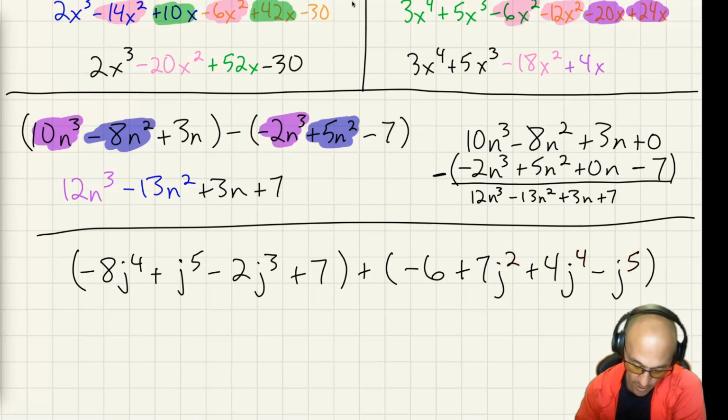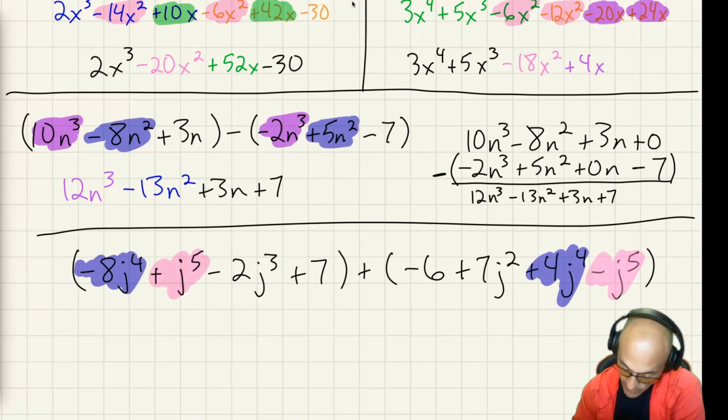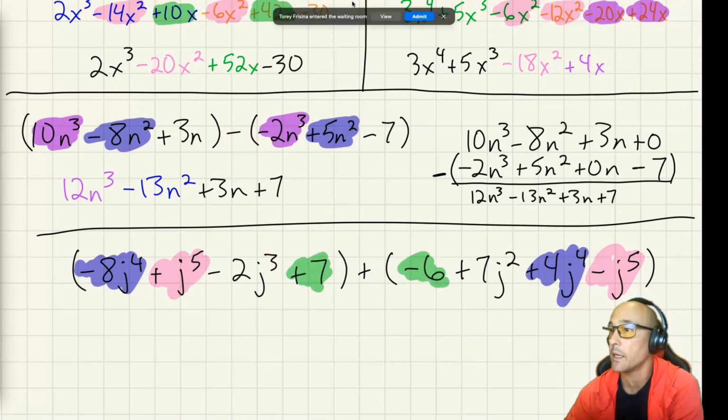So I need to be more careful what I'm combining together. So this -8j to the 4th goes with the positive 4j to the 4th. The positive j to the 5th and negative j to the 5th are going to be combined. The positive 7 and the -6 are going to be combined.